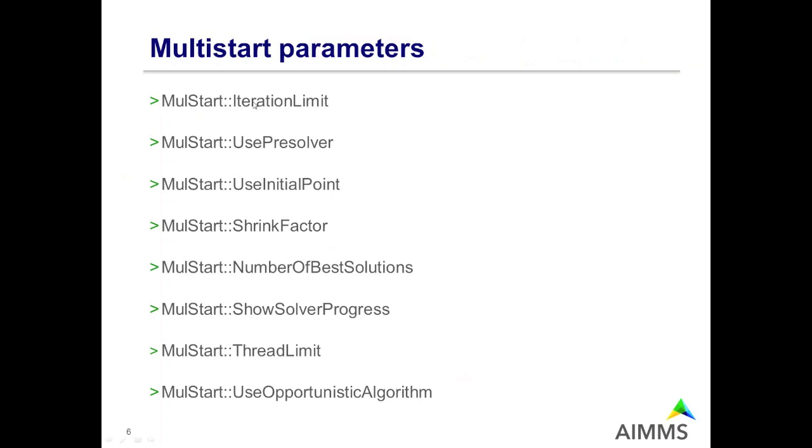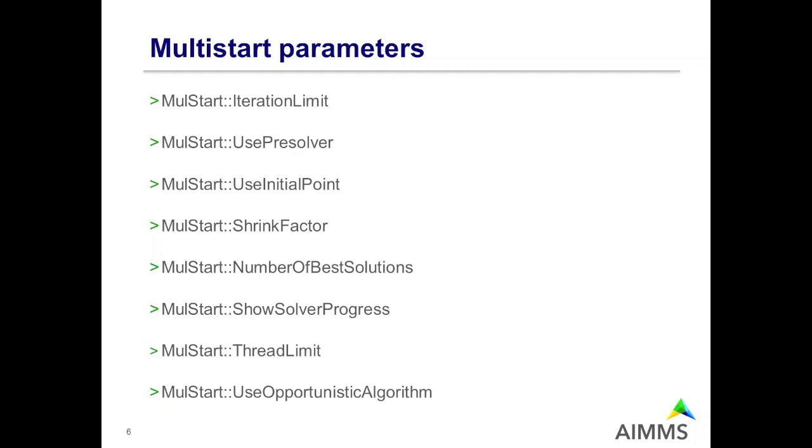The iteration limit speaks for itself, I guess. We also have the use pre-solver. With that you can choose whether you want to use the multistart algorithm in combination with the pre-solver. The AIMMS pre-solve has two benefits.